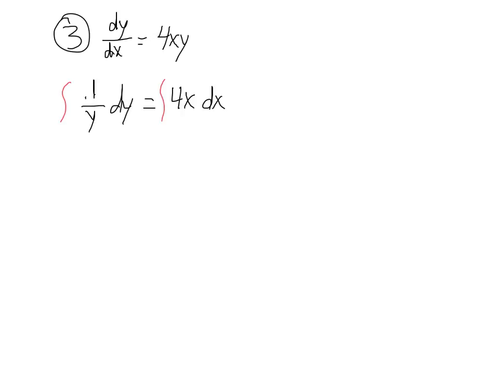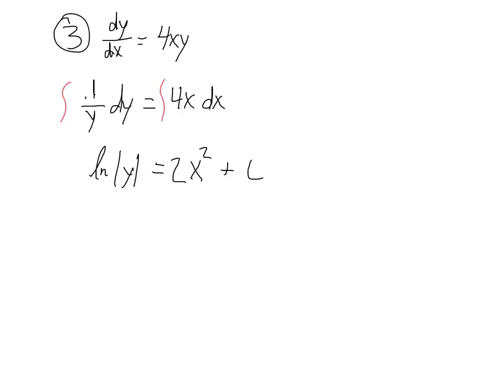Now remember, the antiderivative of 1 over y, in this case, would be the natural log of y, and technically I should have absolute value around that. The antiderivative of 4x: well, the x will get raised to the second power, which means I would multiply by 1/2. Well, 1/2 times 4 is 2, and then I have a plus c there.